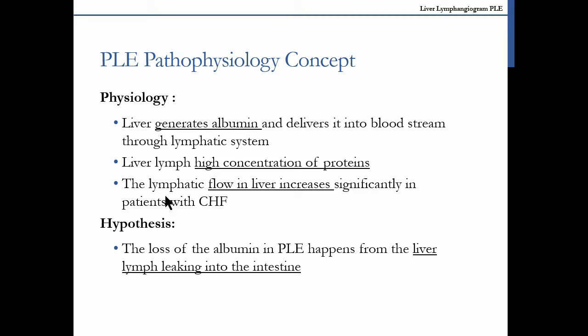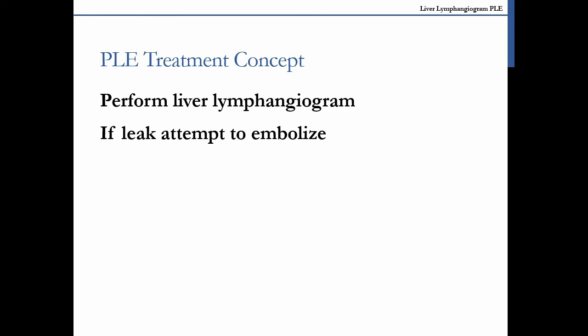We know that liver lymphatic flow increases significantly in CHF and liver cirrhosis. So maybe it's coming somehow from the liver lymph leaking inside the intestine. So let's do liver lymphangiography. We know how to do that, and maybe we can embolize it like we did with liver lymphuria.